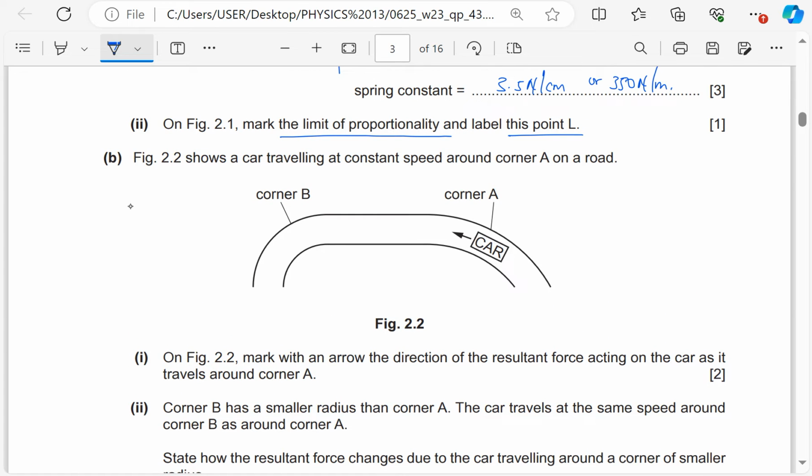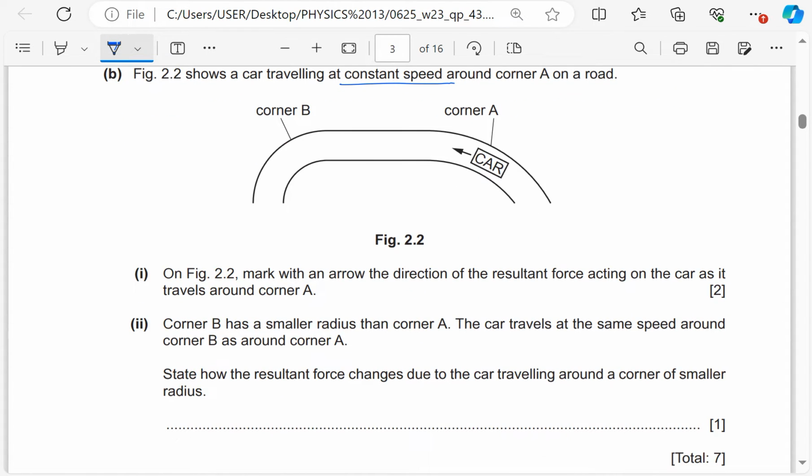The figure shows a car traveling at a constant speed around corner A on a road. On the figure, mark with an arrow the direction of the resultant force acting on the car as it travels around the corner. If the car is moving around the corner, there is frictional force and there is centripetal force.